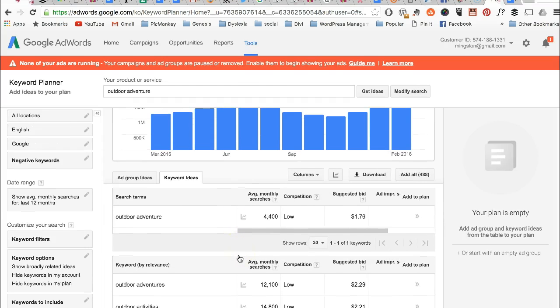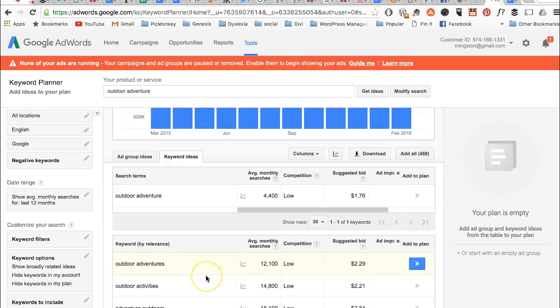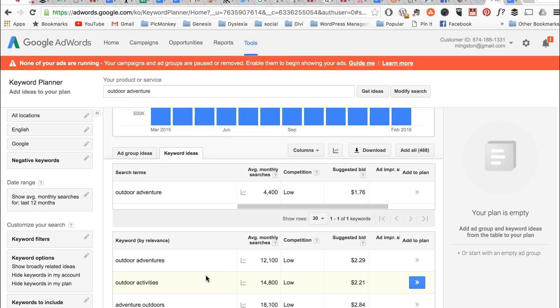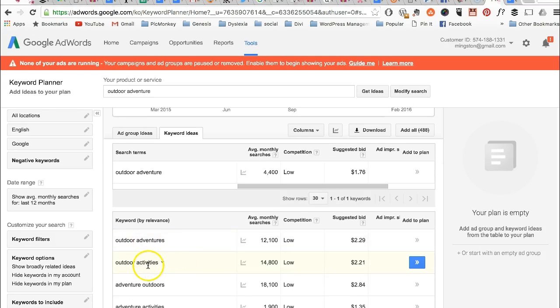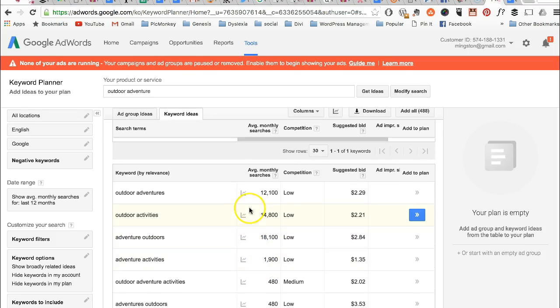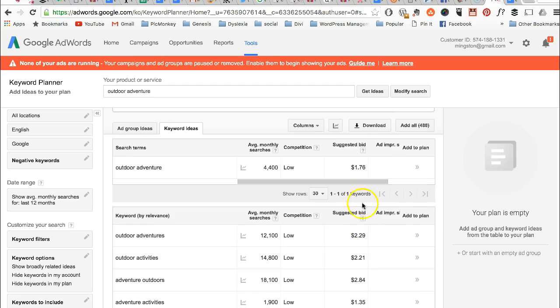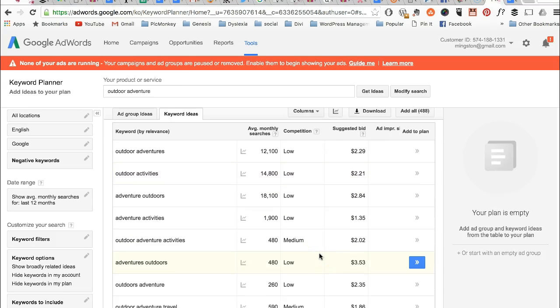If you click on the keyword ideas, it's going to say, I think that you might be better off saying outdoor adventures, outdoor activities. It's going to give you the different ideas broken out and tell you specifically what people are paying to get each of those searches.